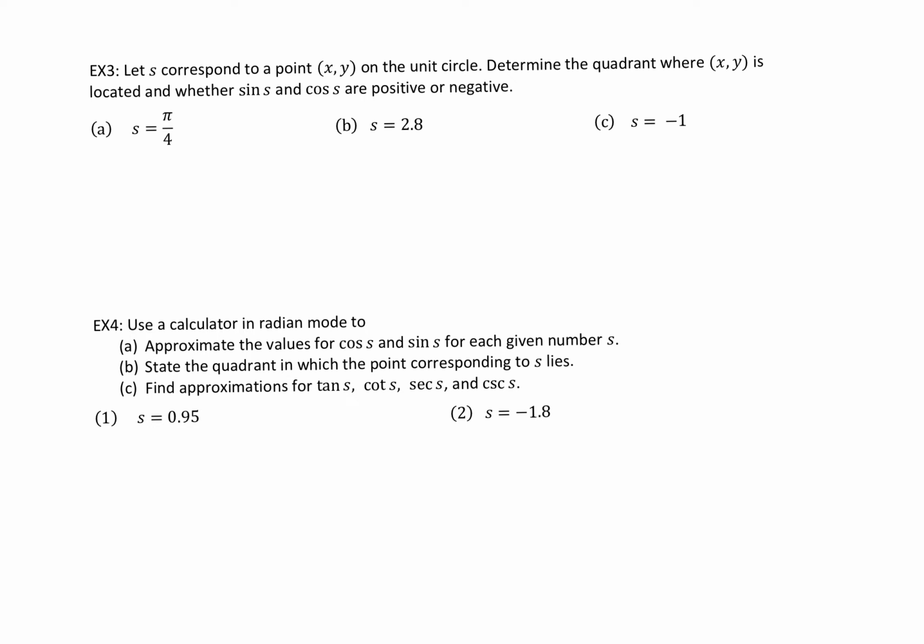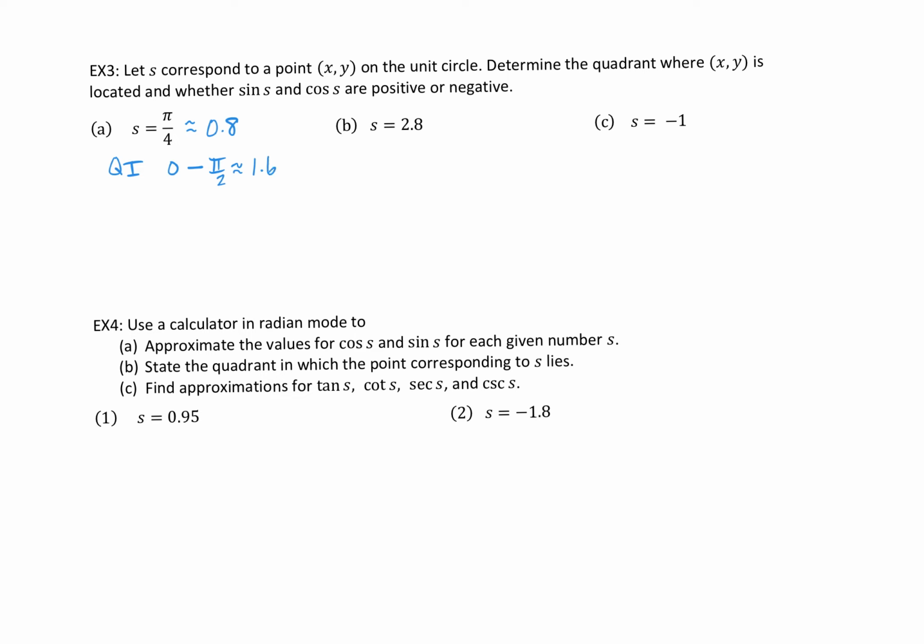So what you could do, if you're not sure, is put pi over 4 in a calculator, and you will get approximately 0.8. So notice that in quadrant 1, we're going from a value of 0 to a value of pi over 2, and pi over 2 would be approximately 1.57, maybe 1.6.